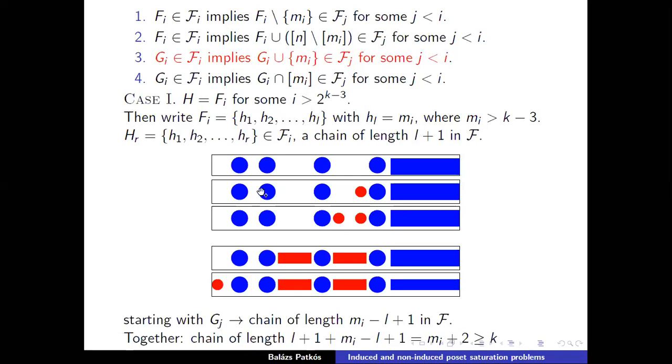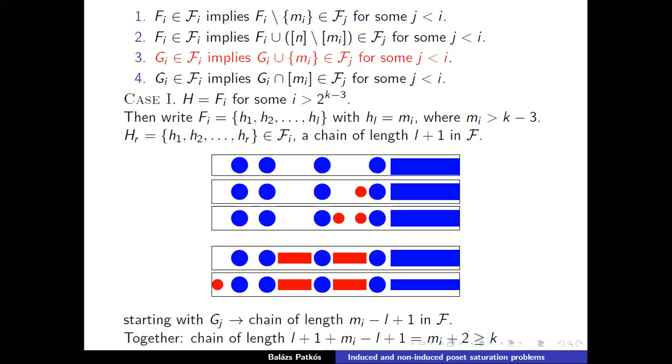But in this way, because our contradictory assumption was that we indeed added something after the first 2 to the k minus 3 pairs, we obtained the contradiction that, okay, but then we have a k chain, which is impossible because every k chain contains any poset P on k elements.